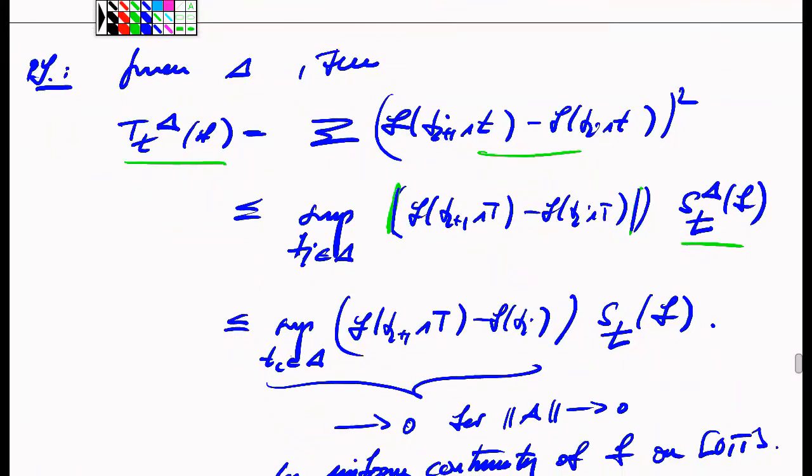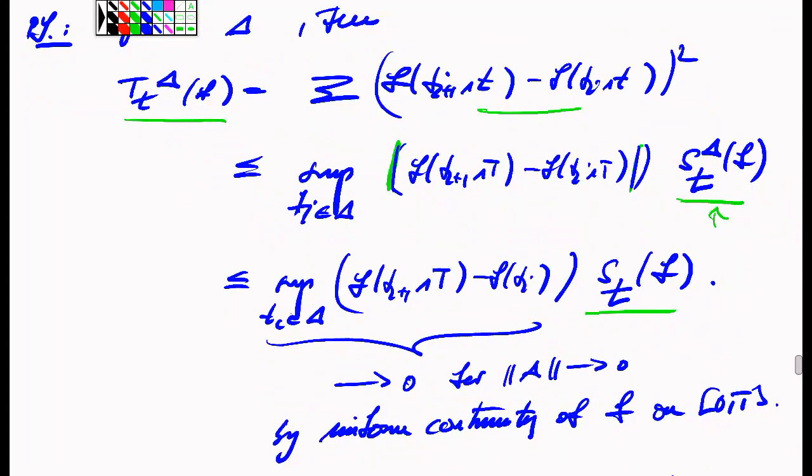By definition, the variation of the function f is a supremum of all these expressions with respect to the possible choices of grids delta, so this term is obviously dominated from above by the variation.